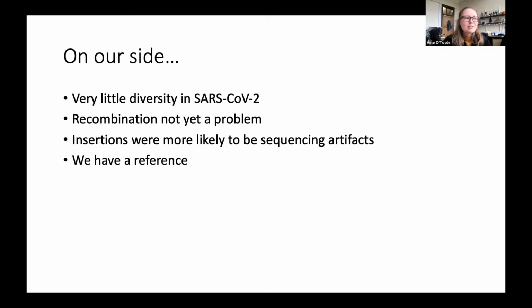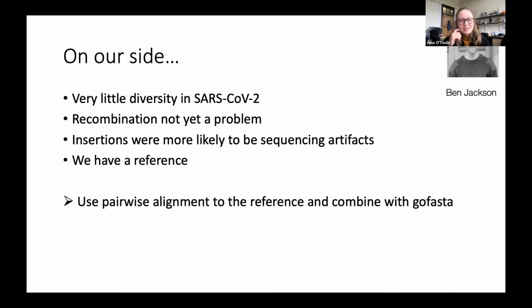Plus, we have a reference that is pretty much the original sequence, or pretty close. And so instead of multiple sequence alignment, we can use pairwise alignment with Minimap2 to the reference and combine those pairwise alignments together with Go Faster, written by Ben Jackson.